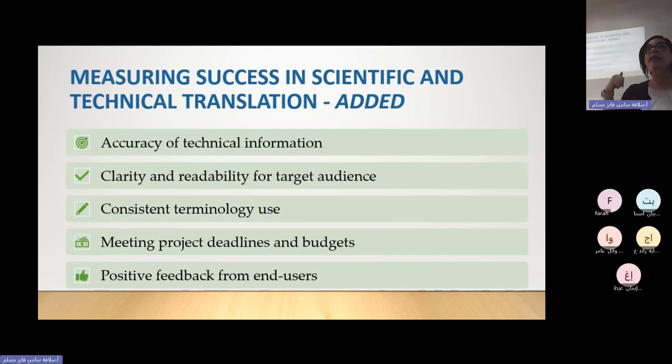Don't forget your target audience are also experts in the field. Most of them are experts. If they see that you didn't translate something correctly, they will point it out. They will tell you this is not the actual or correct translation.